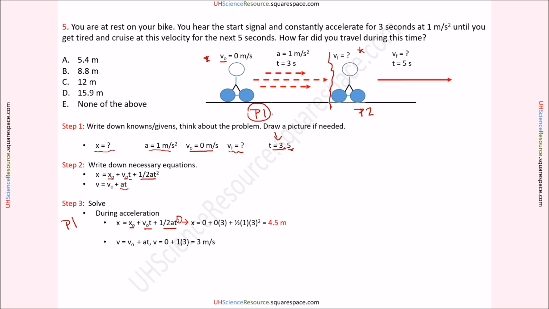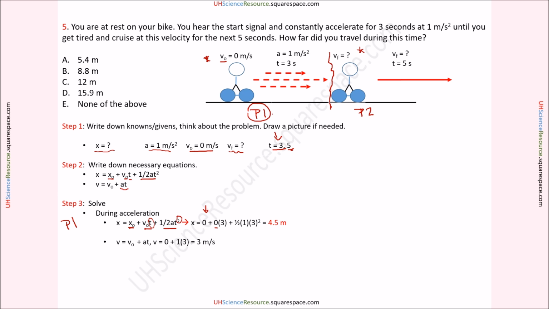For the initial position, we're starting at the exact position, so we're going to say that's 0, represented right here. We're at rest, so our initial velocity is 0, and we multiply that by the time. Our velocity is 0, so our time doesn't really matter. It's just going to be 0 since it's multiplied by 0.